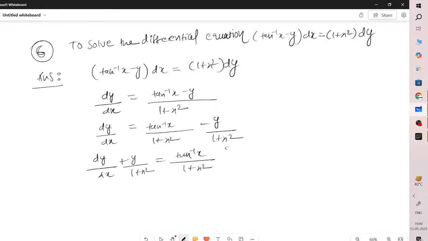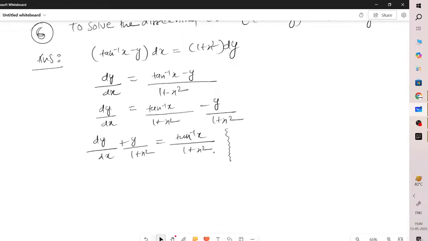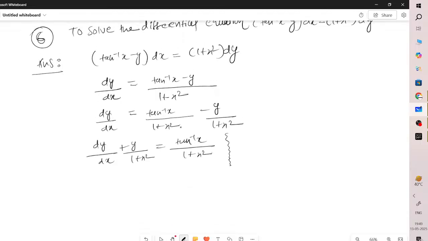Now here lies the main thing. Can you visualize what form the given equation is in, so that we can proceed to the solution? Take a second and try to realize.